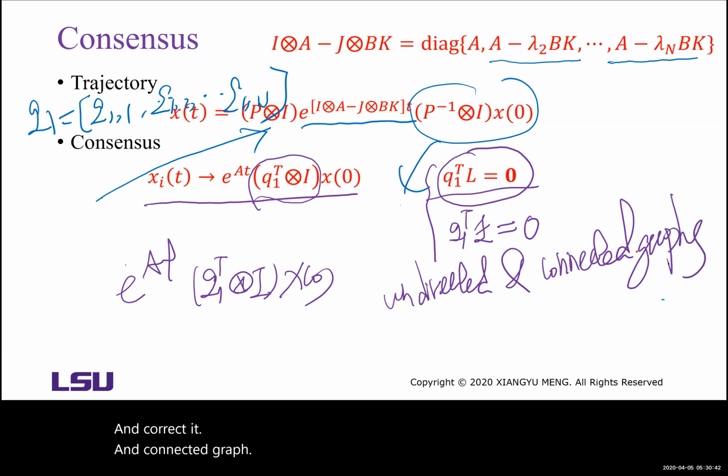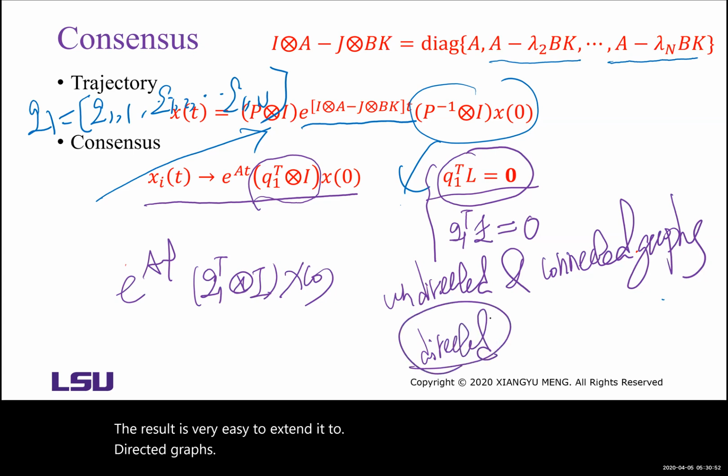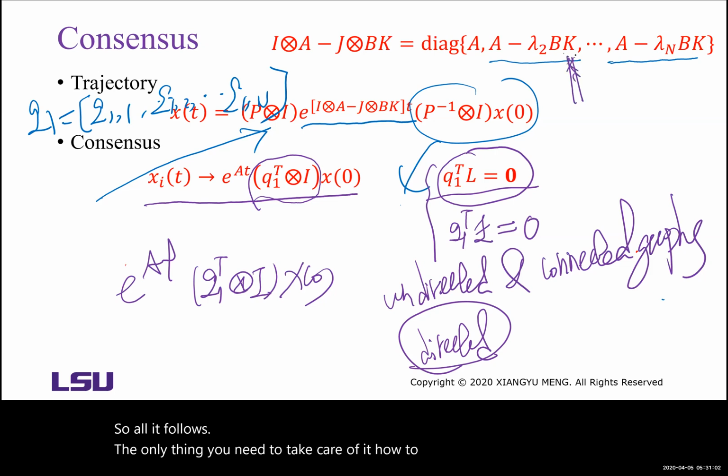The result is very easy to extend to directed graphs. The only thing you need to take care of is how to design the controller gain K for directed graphs.